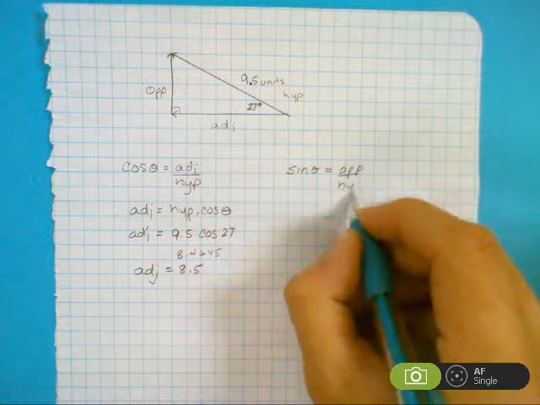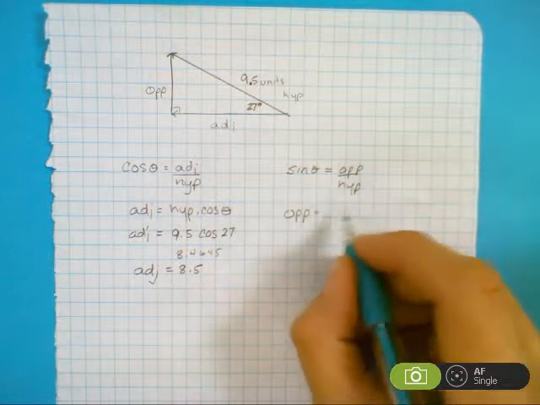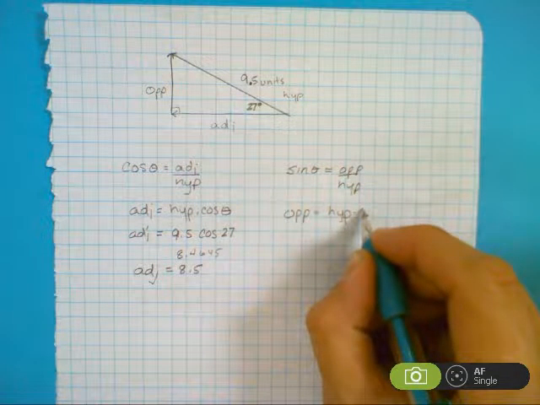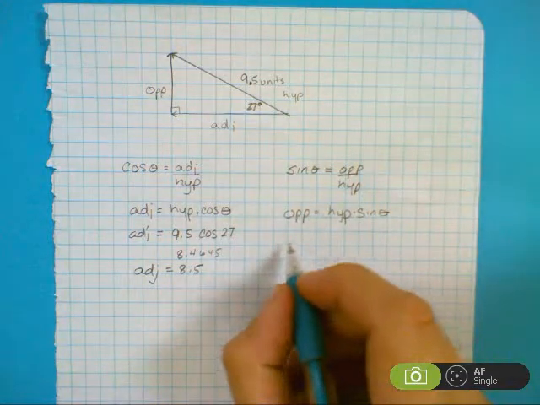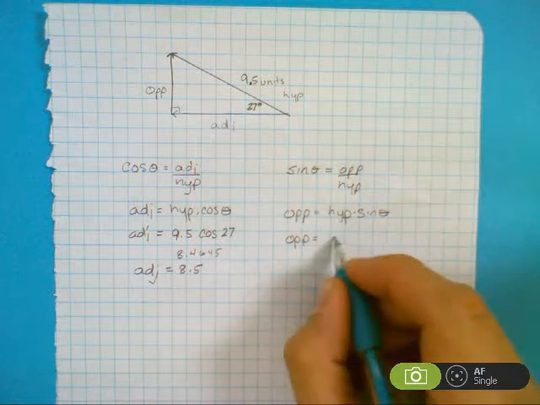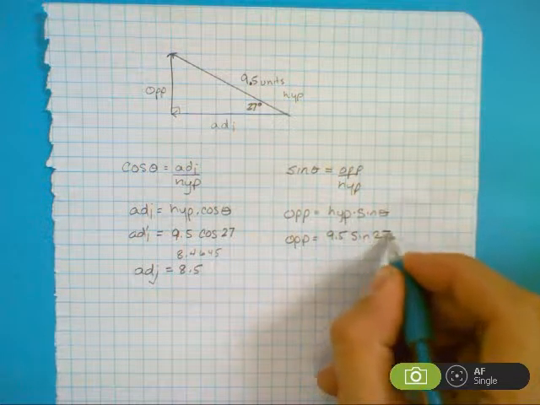To get the opposite side, I'm going to exploit this sine of theta relationship, which is the opposite over the hypotenuse, or the opposite side is going to be equal to the hypotenuse times the sine of theta. If I plug in there, OPP is equal to 9.5 times the sine of 27.